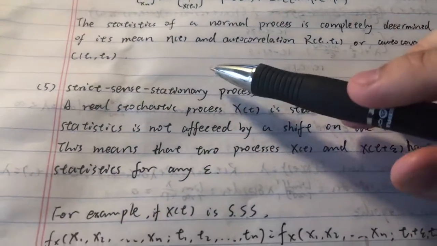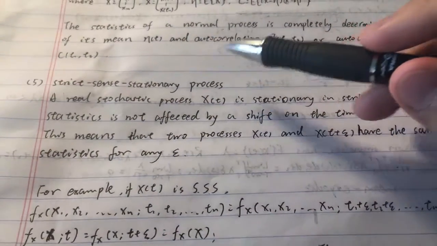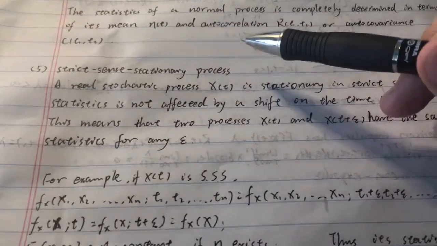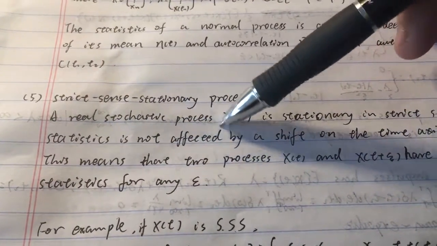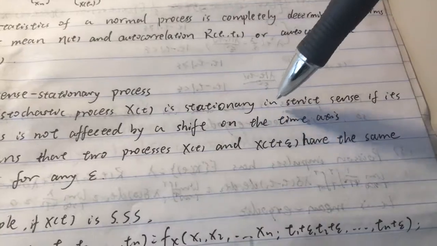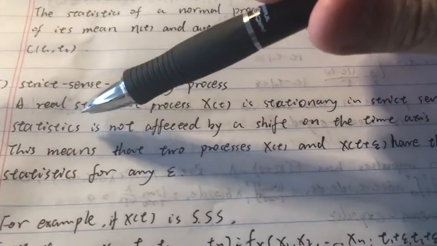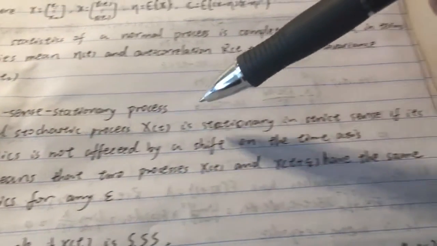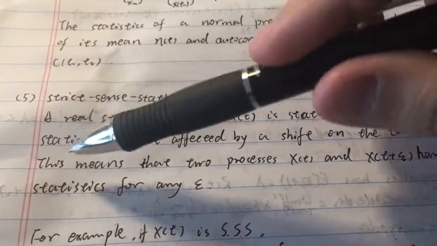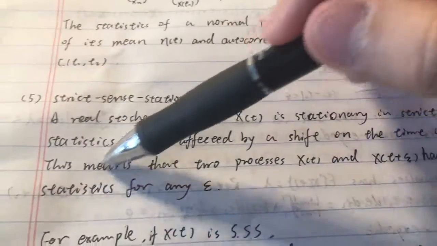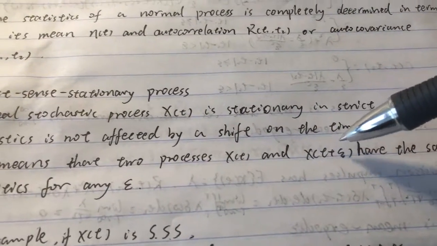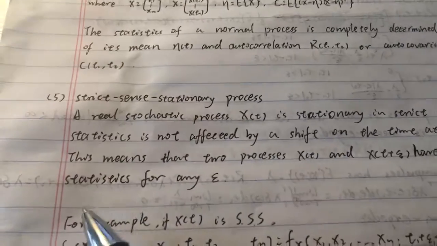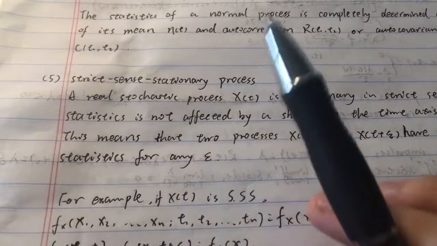Next is the strict sense stationary process. This process is different from the wide sense stationary process. A real stochastic process x(t) is stationary in the strict sense if its statistics are not affected by a shift on the time axis. What does that mean? This means that two processes x(t) and x(t plus epsilon) have the same statistics for any epsilon.